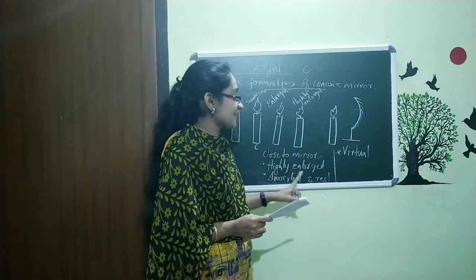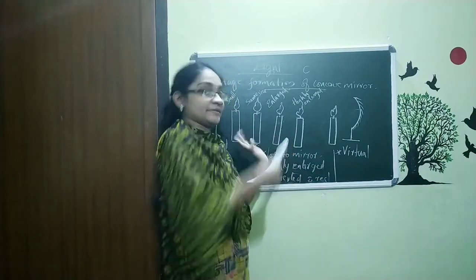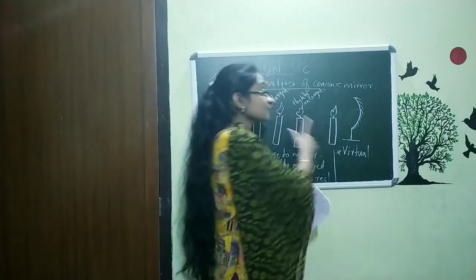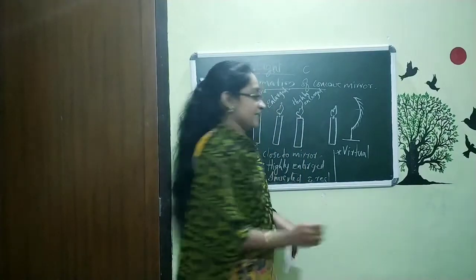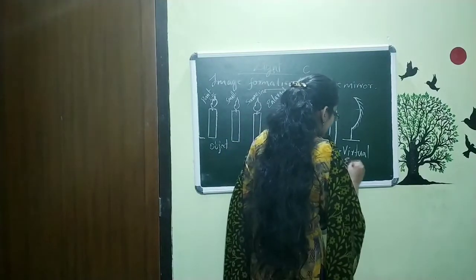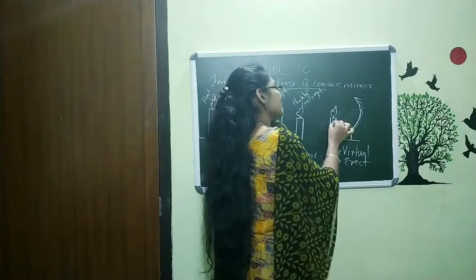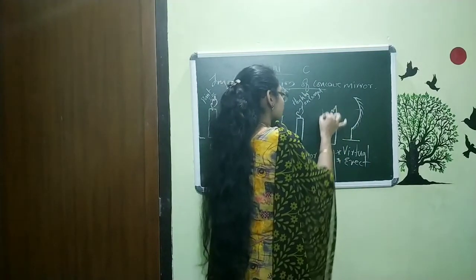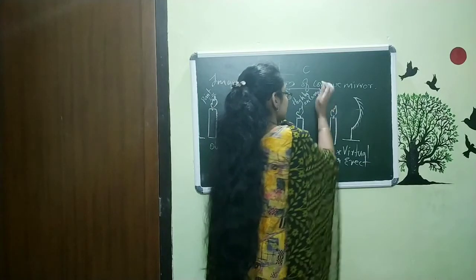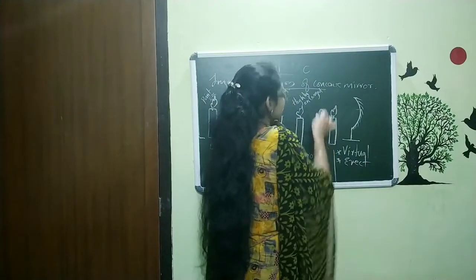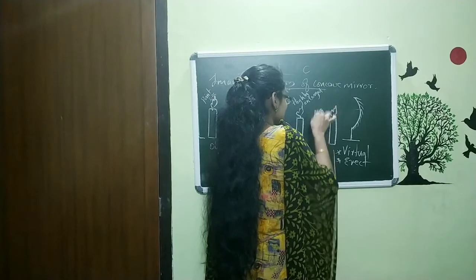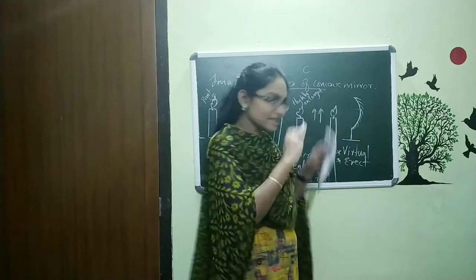Next, you can see that here we get the inverted image, and here you will get an erect image. Erect image. That means if our object is like this, then the image will also be like this. That is erect.